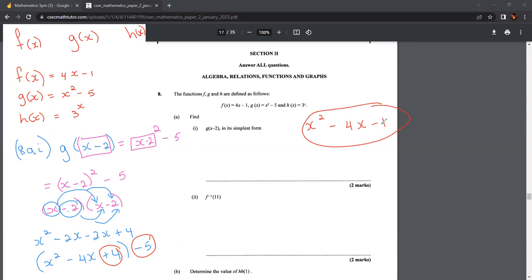They never told us to solve it. They said, find it in its simplest form. And when you hear simplest form, you think of reducing.